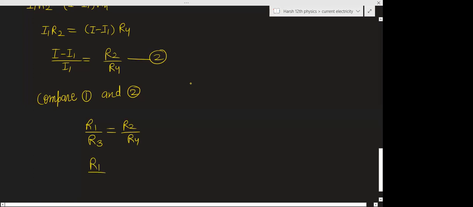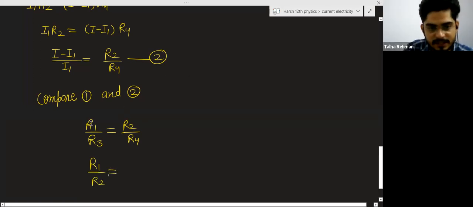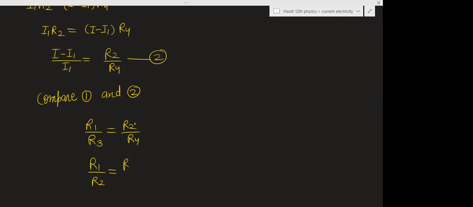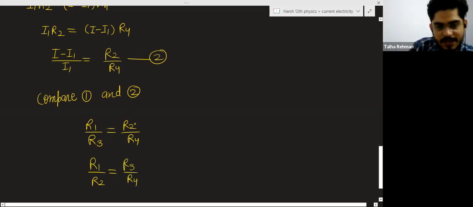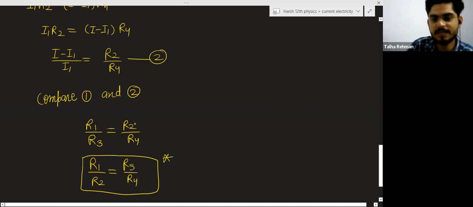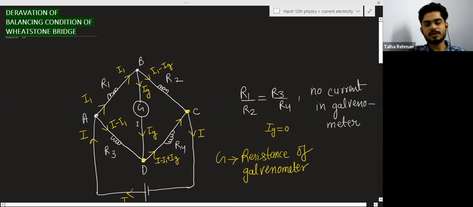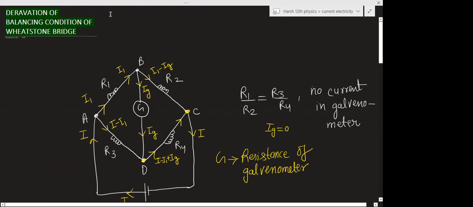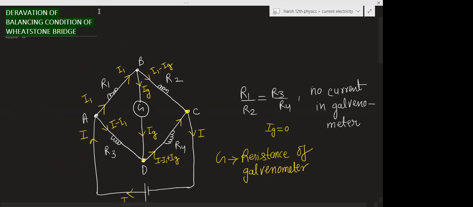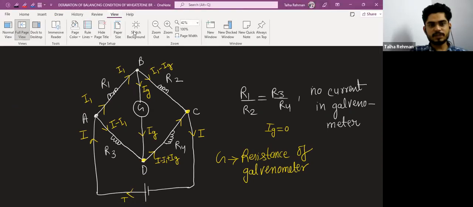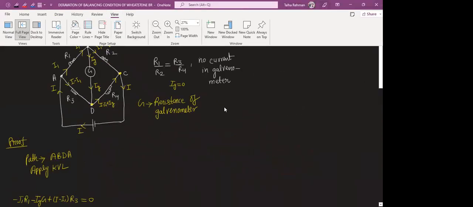I can write R1 by R2 is equal to R3 by R4, and this is the proof. This will appear in your examination, that they will say prove the balancing condition. So in this way you have to prove it, and please note it down.